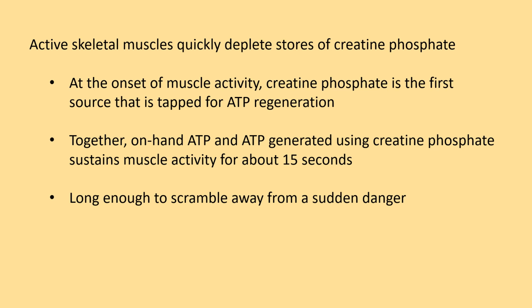But after that 15 seconds, our muscle cells have depleted our supply of creatine phosphate. And all of those creatine phosphate molecules have now been converted back into creatine. And creatine doesn't really have anything else to offer during that walk over to the sink to get a glass of water.